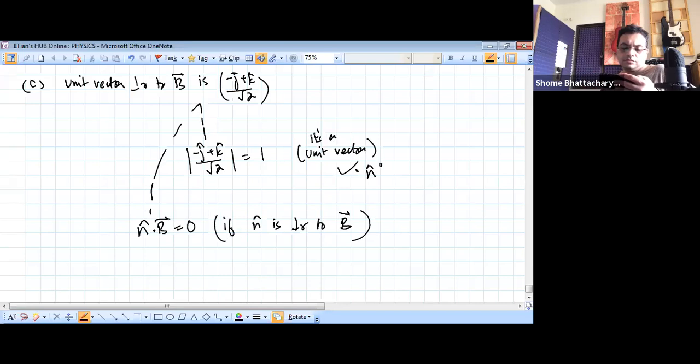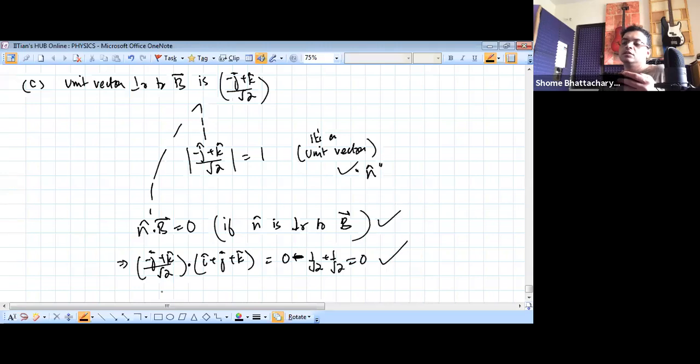So n cap is this, and b vector was given to us as i cap plus j cap plus k cap. So again, you can see it is 0 minus 1 by root 2 plus 1 by root 2. That is 0. That's correct. So this option also becomes a correct one.